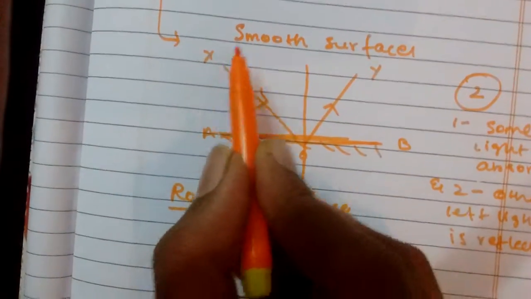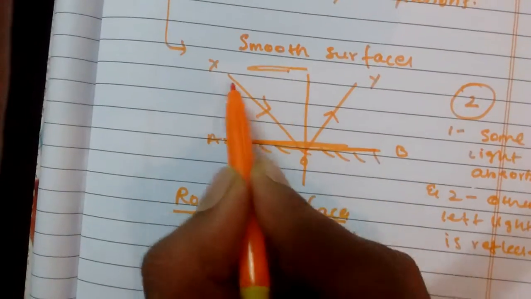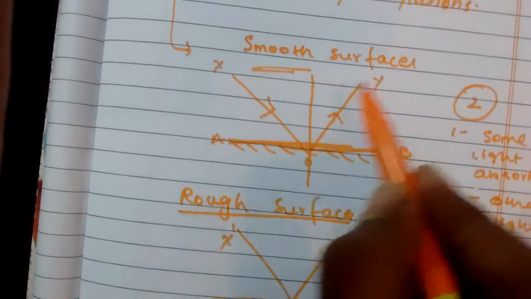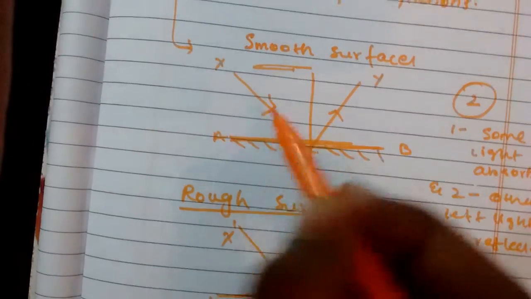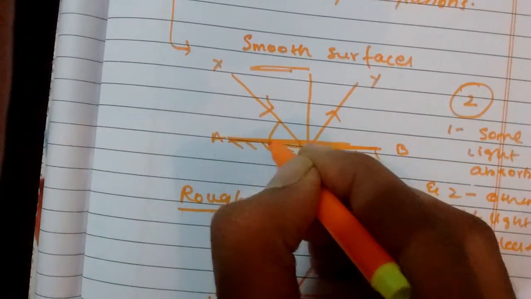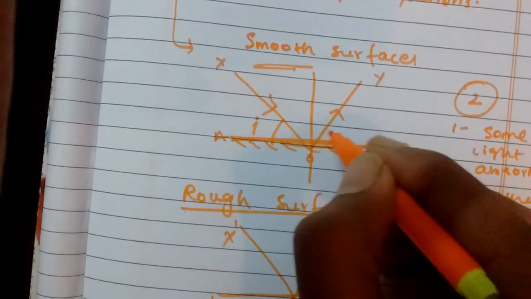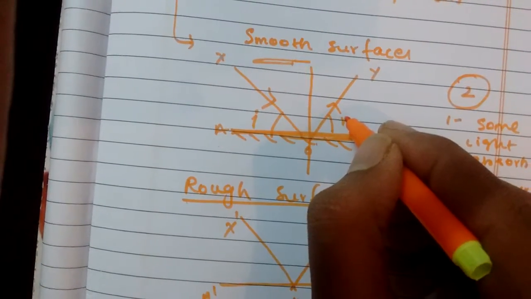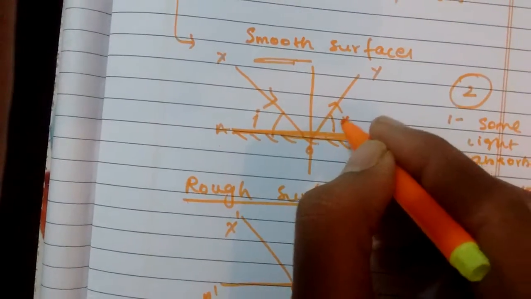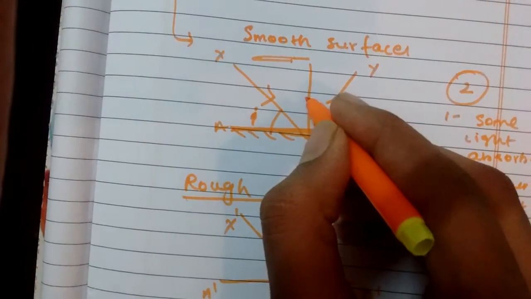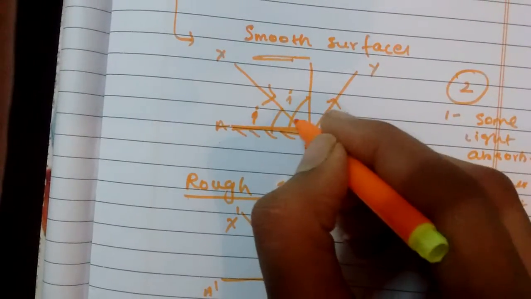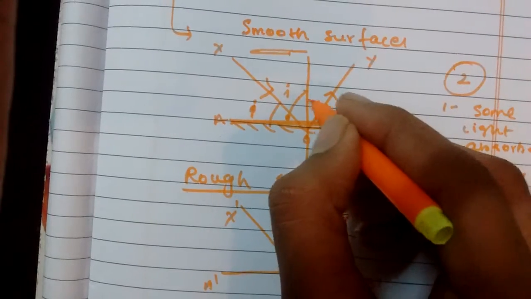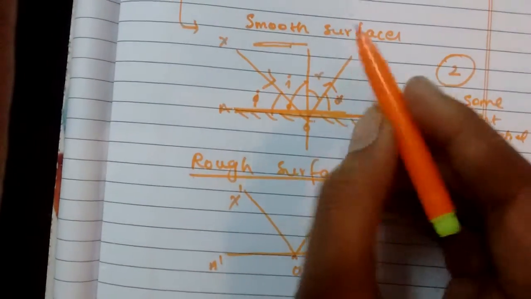Now see here, in a smooth surface, when XO is incident and YO gets reflected, this is known as the angle of incidence and this is known as the angle of reflection.